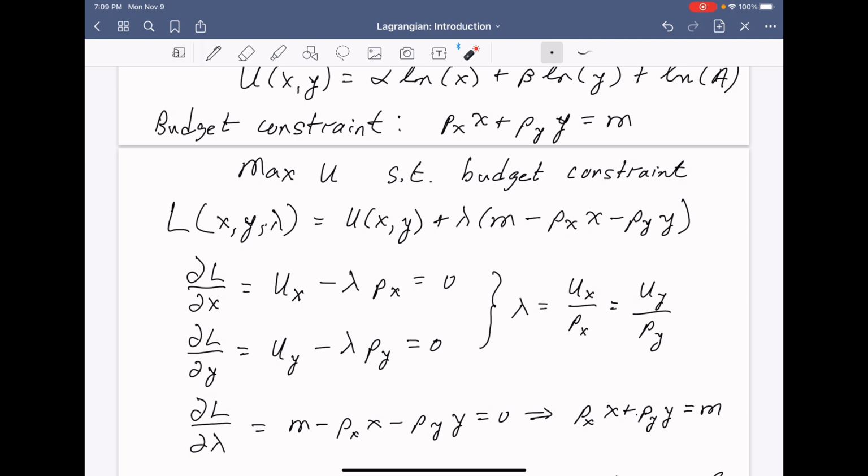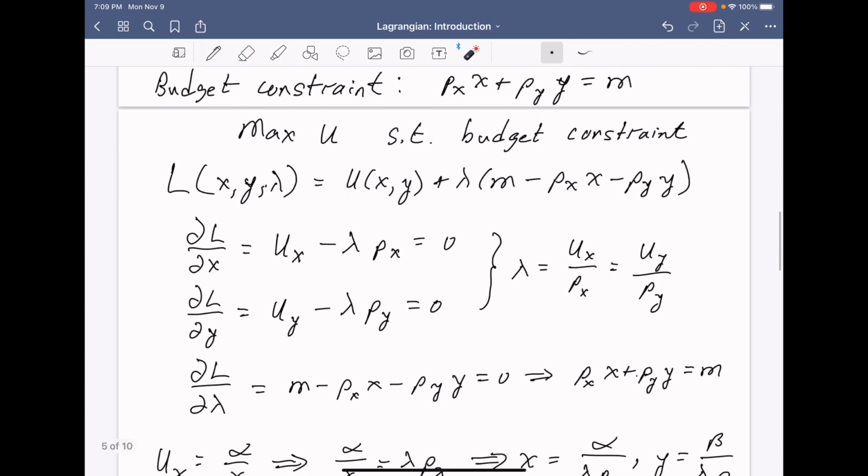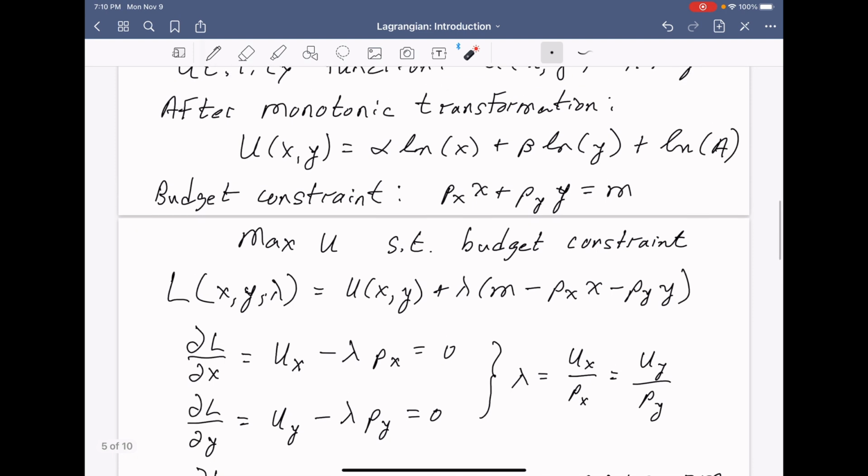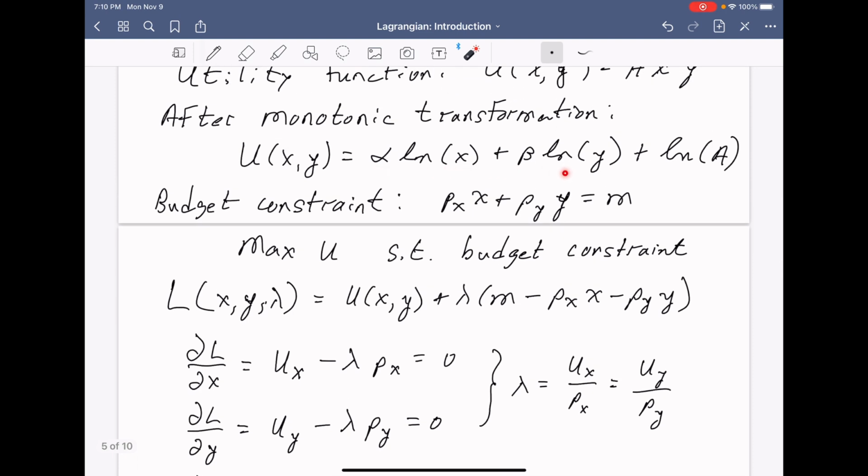And we solve both for lambda and set them equal to each other because they're both equal to lambda. And we get the marginal utility of x over the price of x equal to the marginal utility of y over the price of y. Now, what we find is the marginal utility of x is equal to the first derivative of the right-hand side. X does not appear in the other part, so the derivative of log of x is simply 1 over x, so the marginal utility of x is alpha over x.